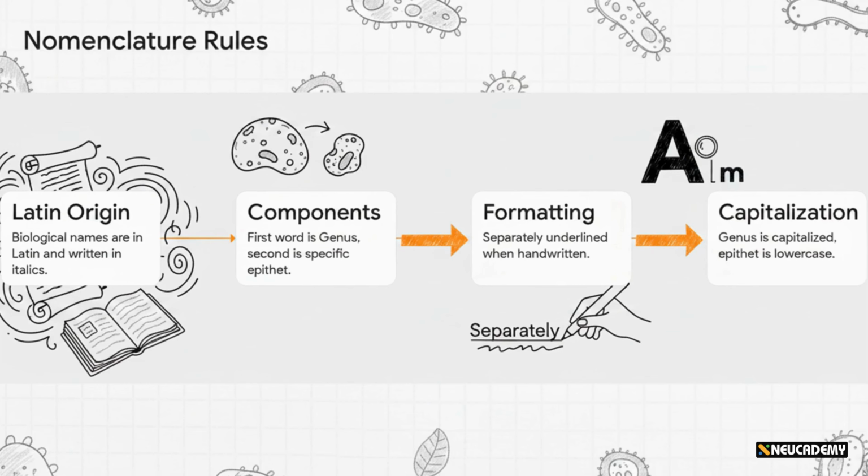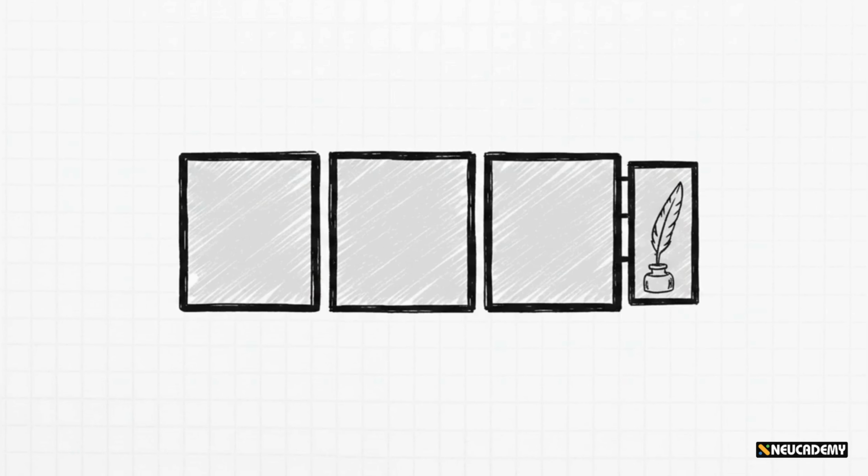And if you ever handwrite them, they absolutely must be separately underlined. Oh, and there's also a built-in credit system for discoveries, which is pretty cool. Sometimes you'll see an abbreviation at the very end of the biological name, right after the specific epithet. For example, Mangifera indica, Linn. That abbreviation, Linn, indicates that Carolus Linnaeus was the first person to scientifically describe this species. It's a permanent credit to the author built right into the scientific record.